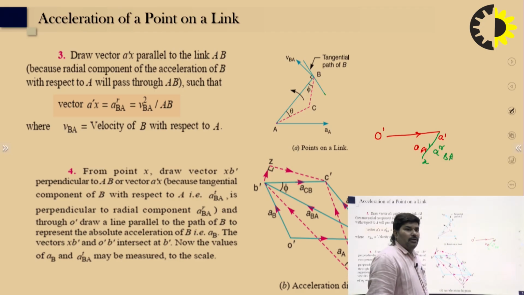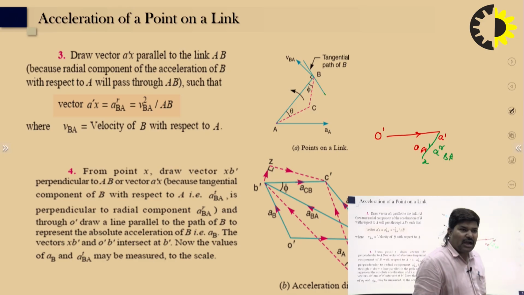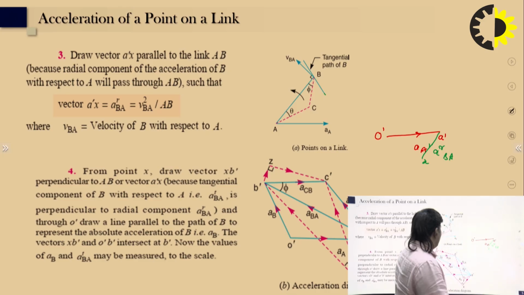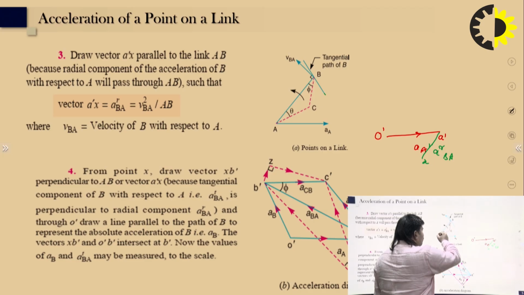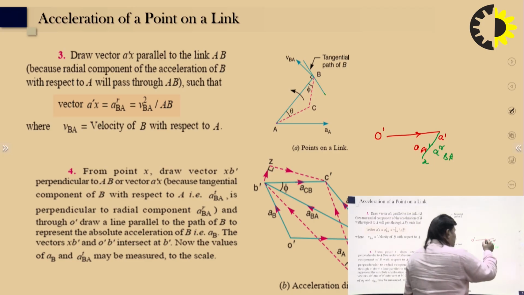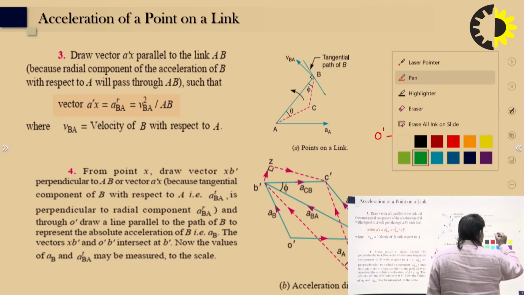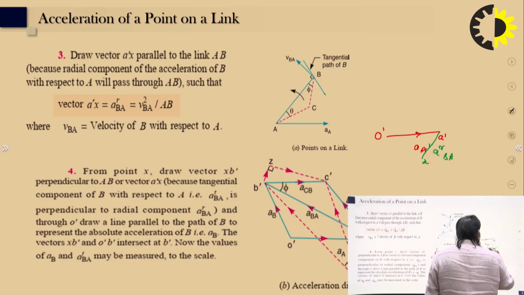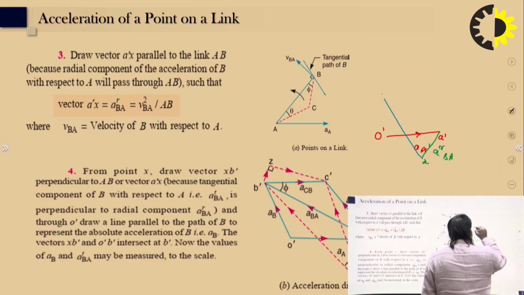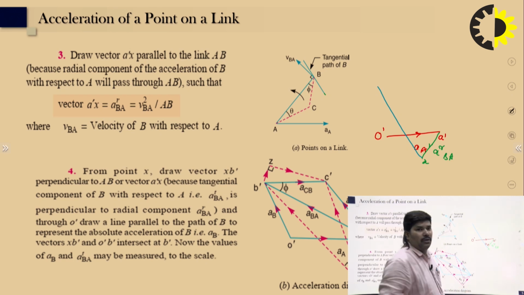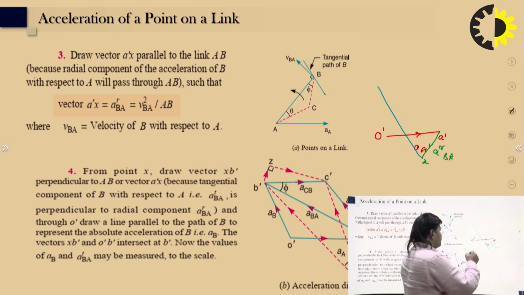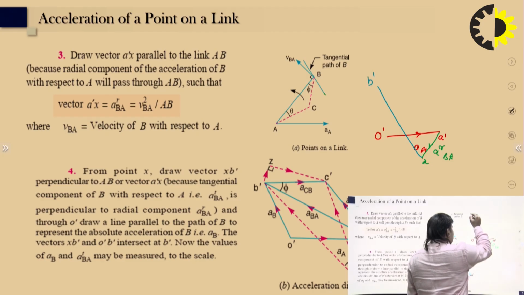After that we draw the tangential component, which is perpendicular to link AB. I draw it in a different color. So X B dash is the tangential component a^t_BA.